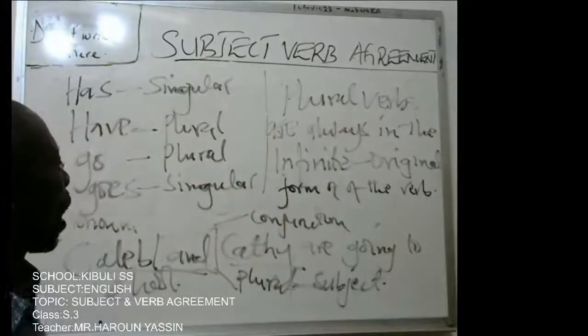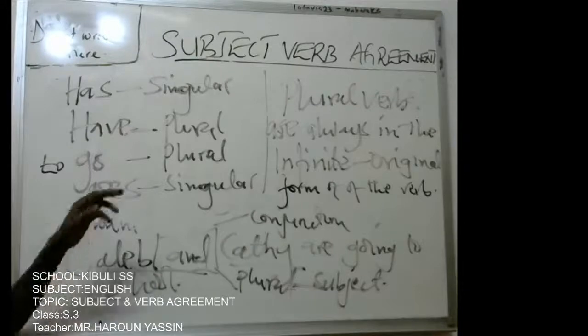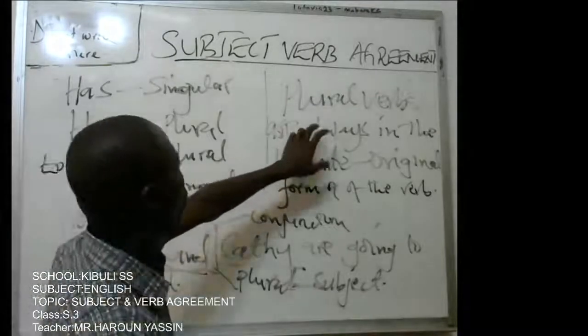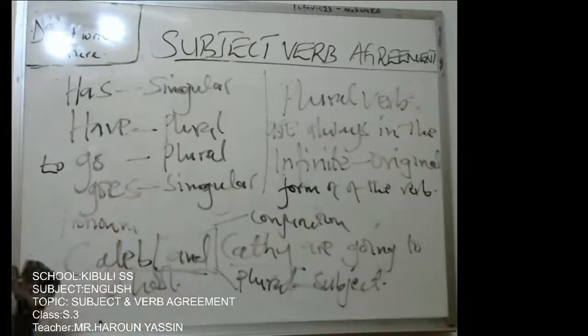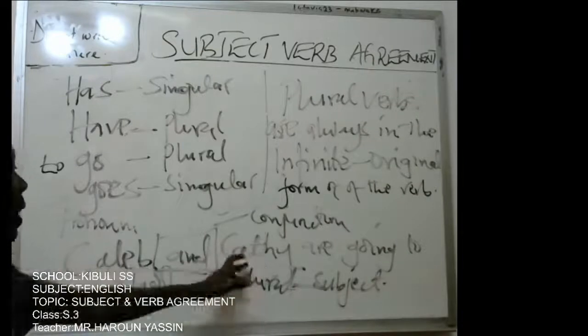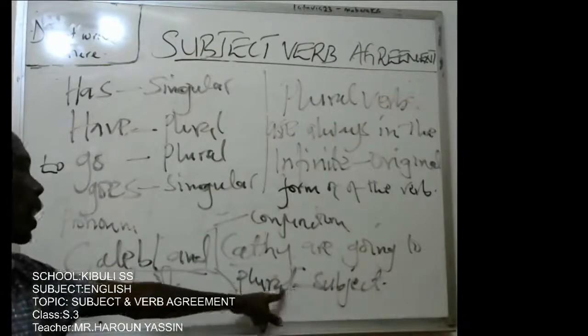Therefore, you have got to make sure that the plural form of the verb agrees with the plural subject, and the singular form has got to go with the singular form of the subject. Now let us look at this sentence. I have told you that when I join Caleb and Kathy using the conjunction and, I'm forming a plural subject.